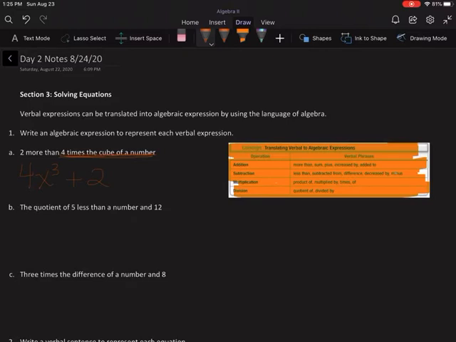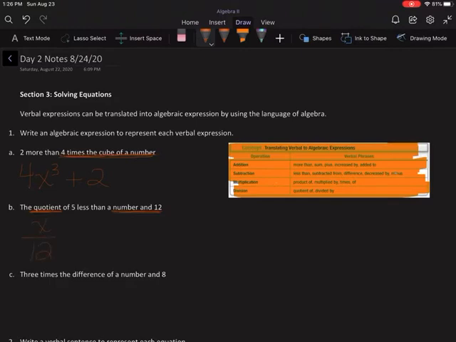Next one. The quotient of 5 less than a number and 12. That's a bit wordy. If we were to rearrange this, it would be 5 less than the quotient of a number and 12.